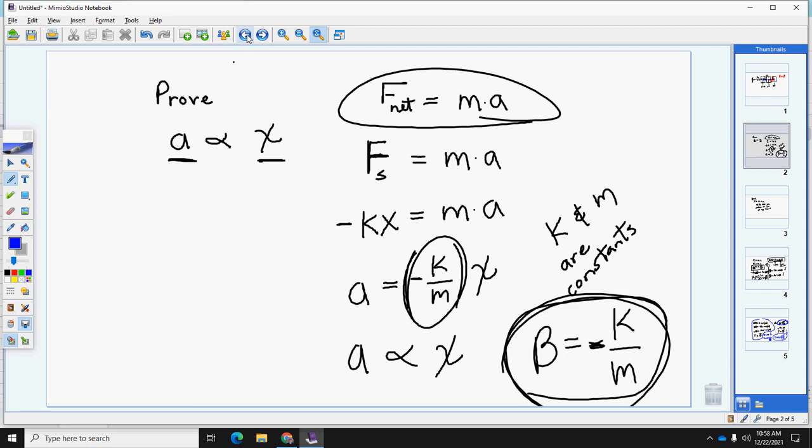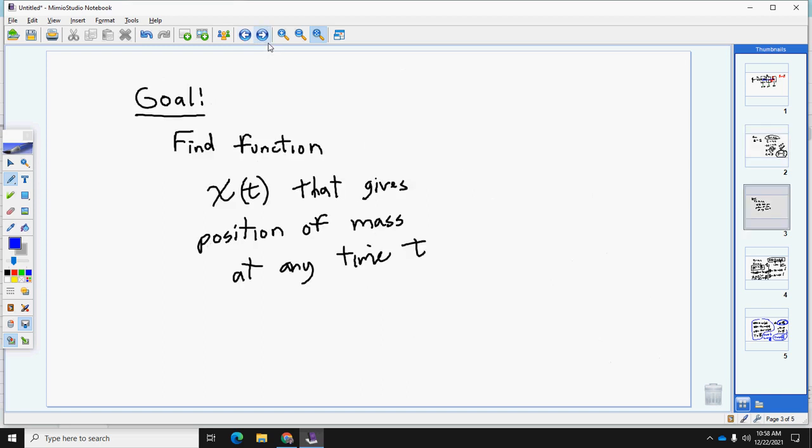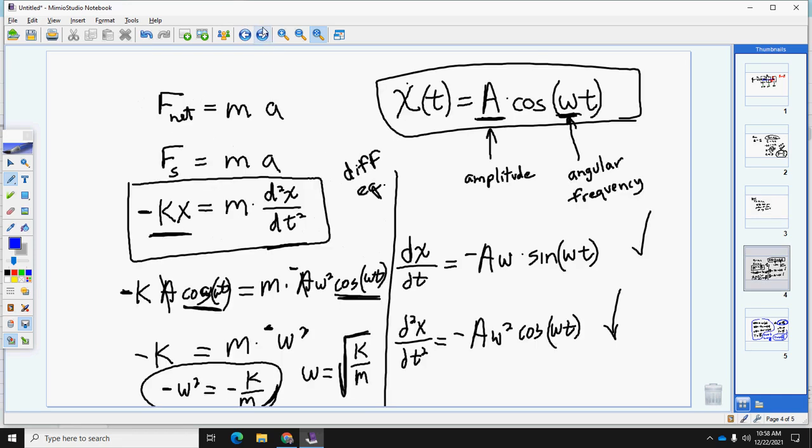Oh, right here. Negative k over m is equal to negative omega squared. If this is the proportionality constant from the beginning between a and x, the proportionality constant in the beginning between A and X is equal to negative omega squared.